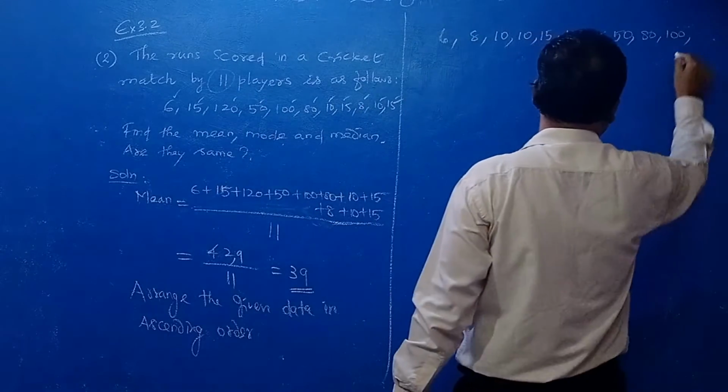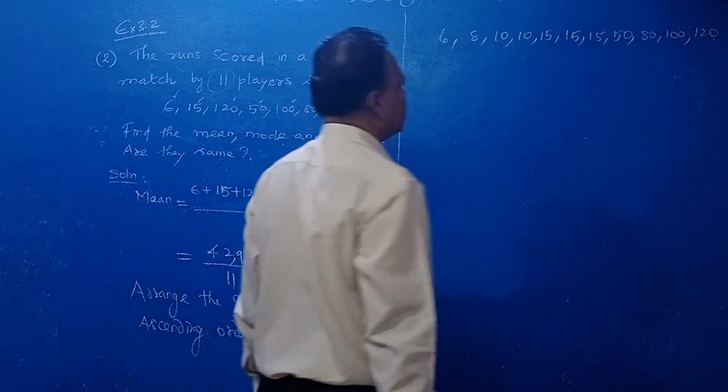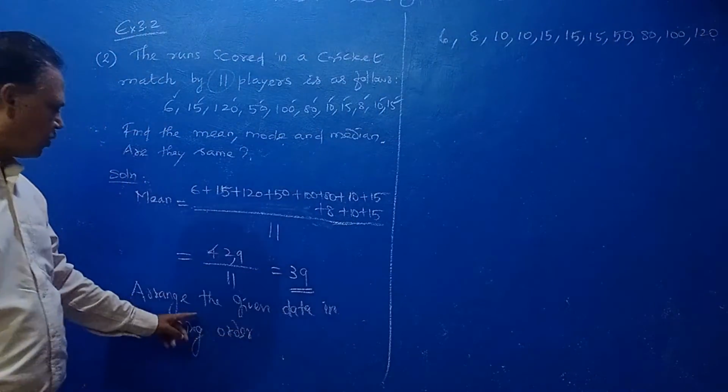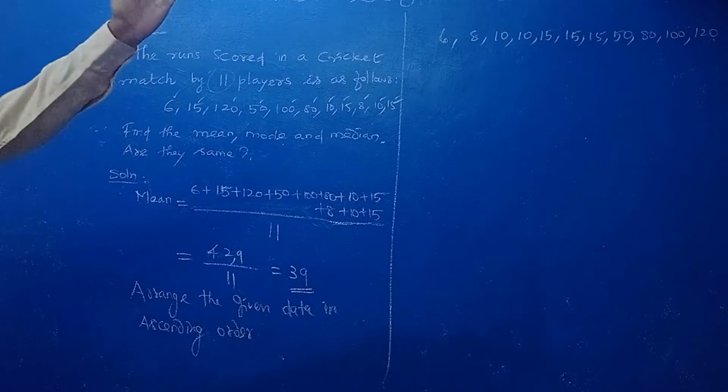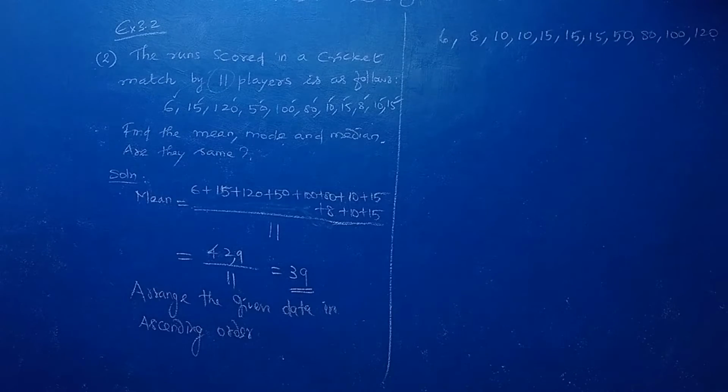So all data covered. Like this you have to write the data in ascending order. Ascending order means lowest to biggest. Clear? Small to big.